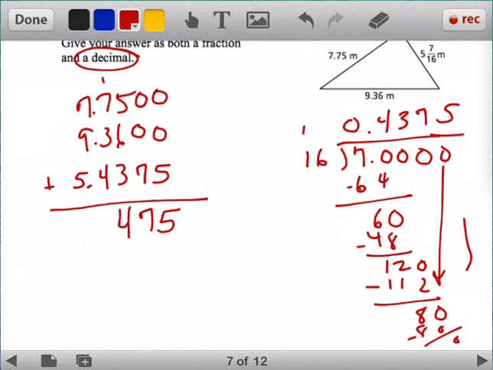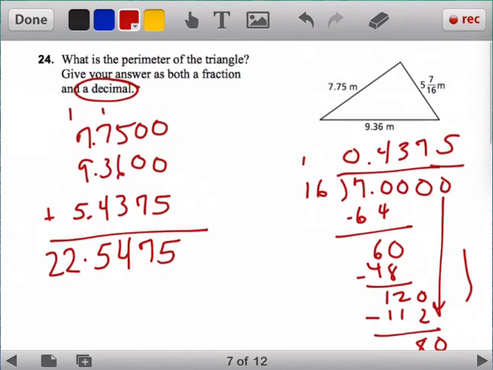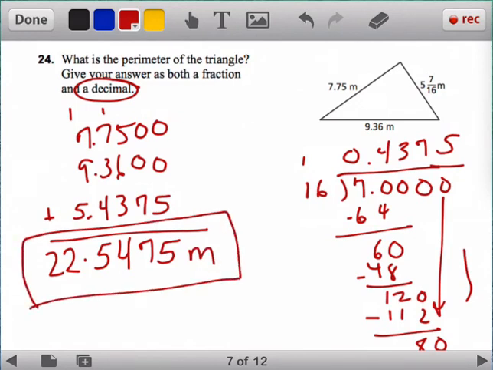Carry the 1. 7 plus 3 is 10, plus 1 is 11, plus 4 is 15. Carry the 1. 1 and 7 is 8. 8 and 9 is 17. 17 and 5 is 22. So the perimeter of our triangle is 22.5475 meters.